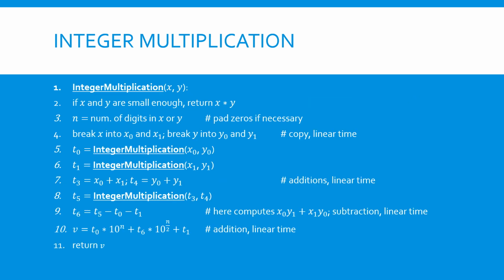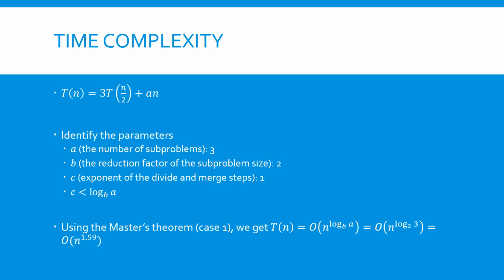Here is the pseudocode for the divide and conquer algorithm for integer multiplication. Lines 5, 6, and 8 correspond to the 3 subproblems where recursive calls are involved. The other steps can all be completed in linear time. We can leverage the master theorem introduced in the previous video to analyze the time complexity of this algorithm.